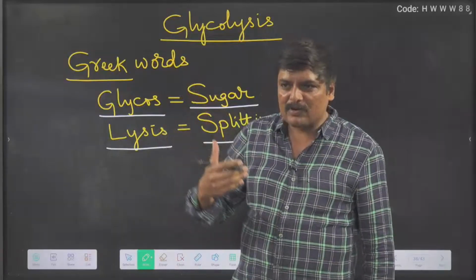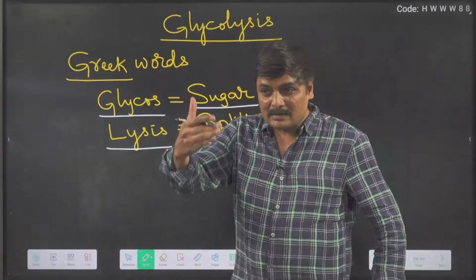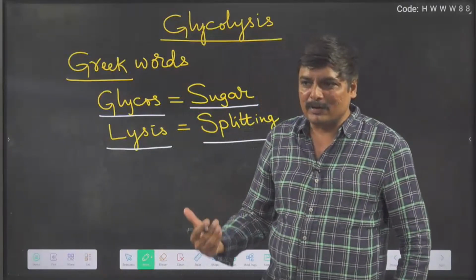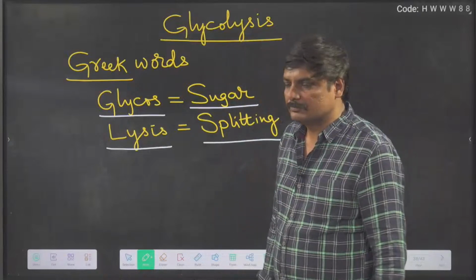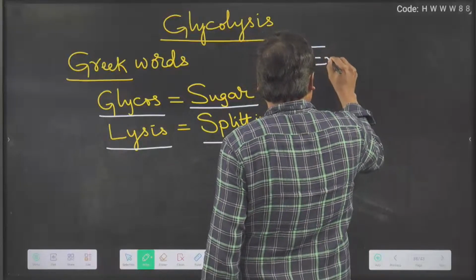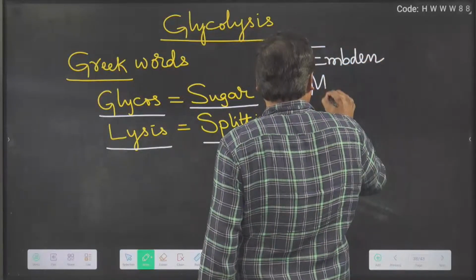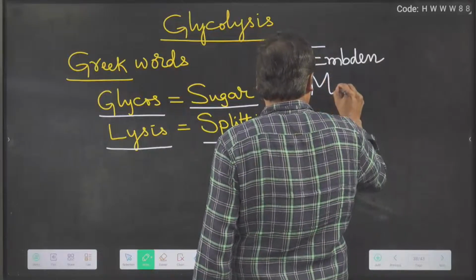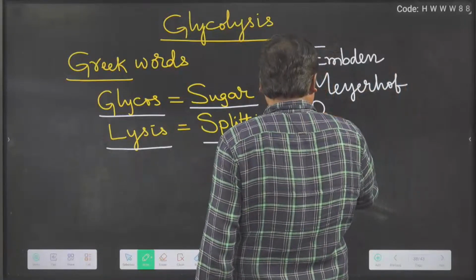The scheme of glycolysis, the pathway of glycolysis, was discovered by three German biochemists, namely Embden, Meyerhof, and Parnas.